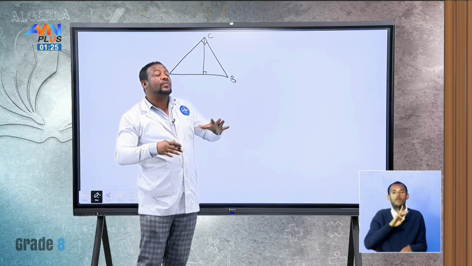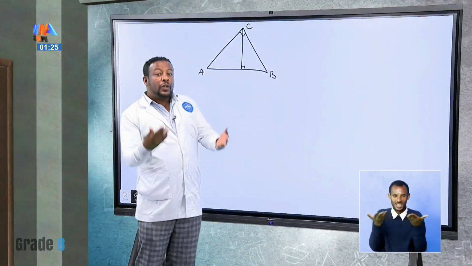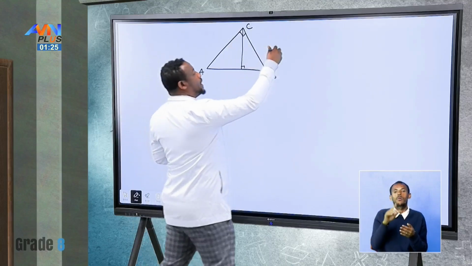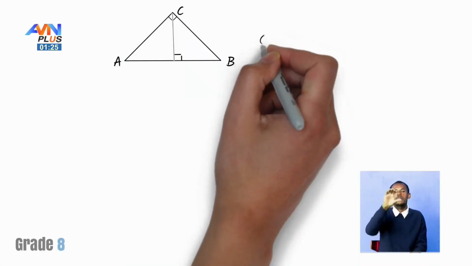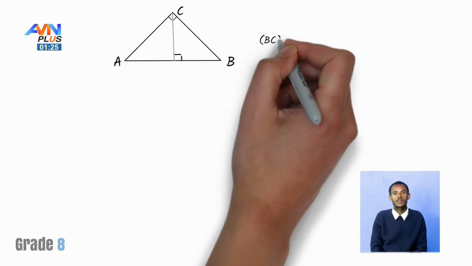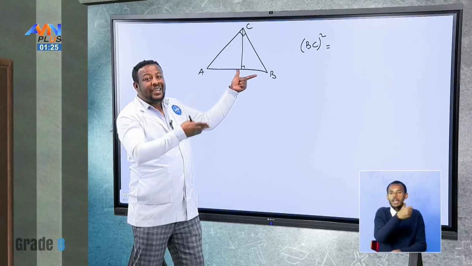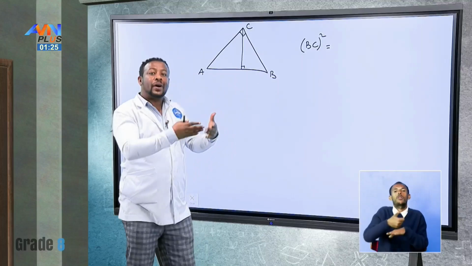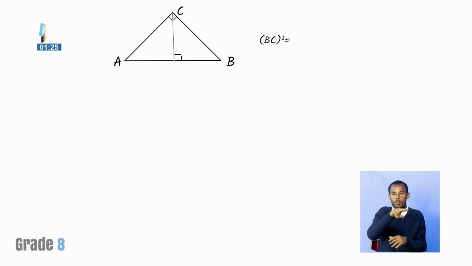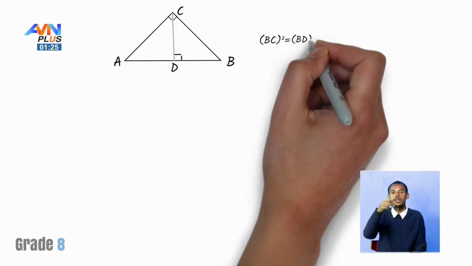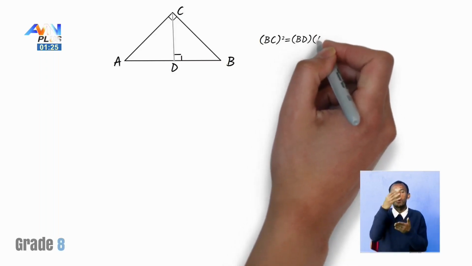If we have these kind of things, Euclid tells us the square of one of the leg, BC square, is equal to the product of the adjacent side into which the altitude divides the hypotenuse. That means call this as D, okay? BD times the hypotenuse AB.